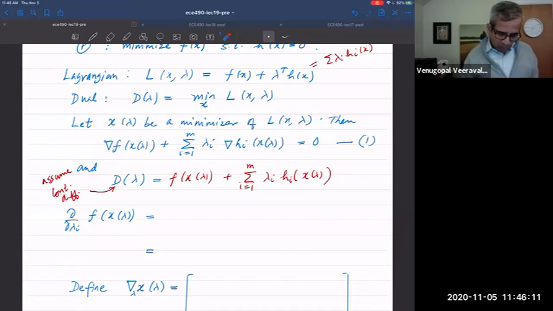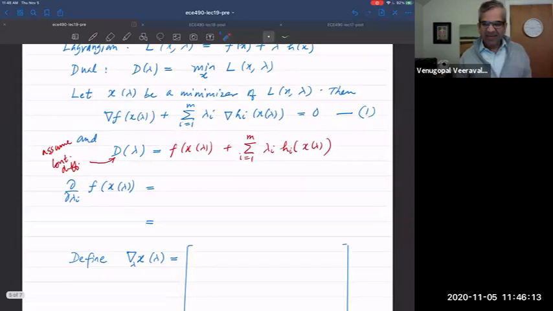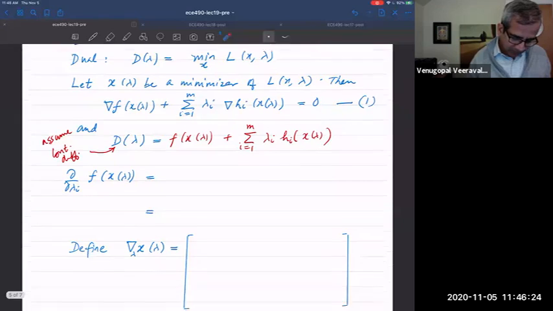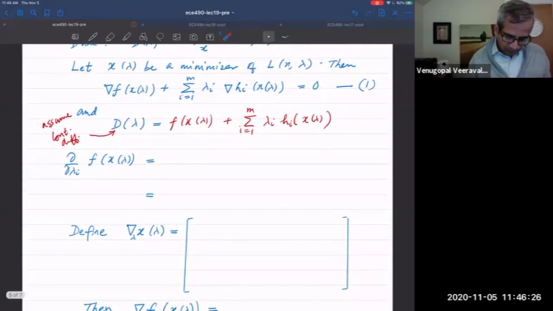If I compute the partial of f, I need to use the chain rule.